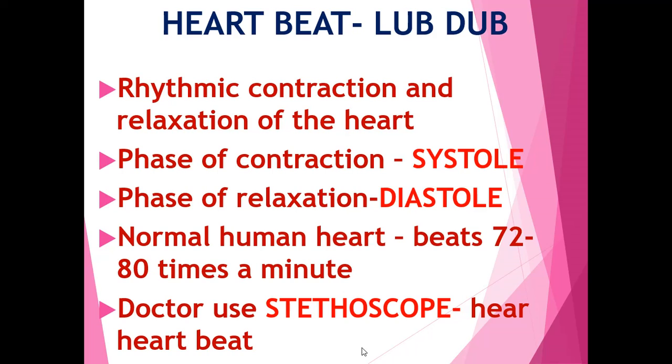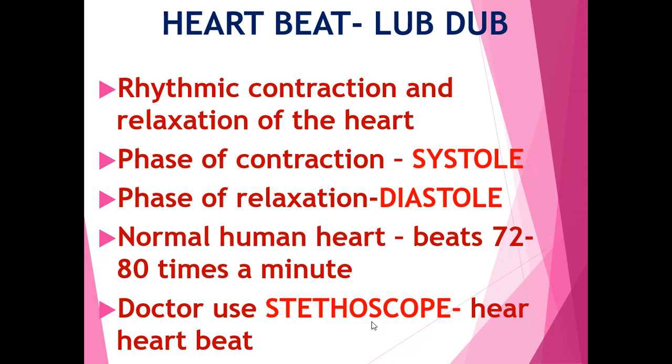So doctors use an instrument called a stethoscope. What is the instrument used by the doctors to hear heartbeat? Stethoscope. What is the use of a stethoscope? It will amplify the sound of the heartbeat, so the doctors can easily recognize the heartbeat rate.